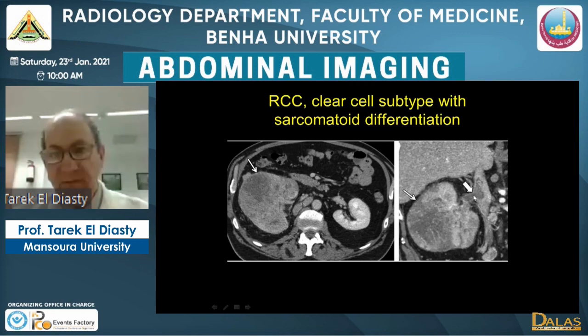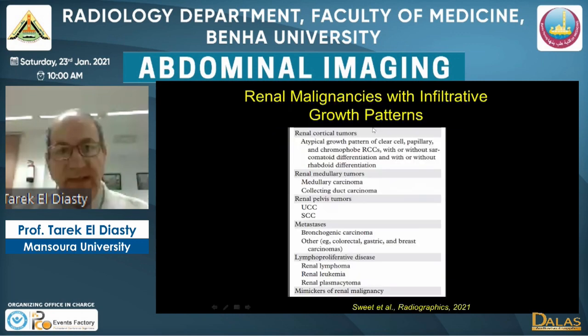The presence of renal vein and caval thrombus are characteristic of renal cell carcinoma, but here it is also the infiltrative pattern. So some lesions like this renal cell carcinoma, clear cell type, can show this infiltrative pattern, particularly with sarcomatoid differentiation. So this is the differential diagnosis of renal masses according to the growth pattern.